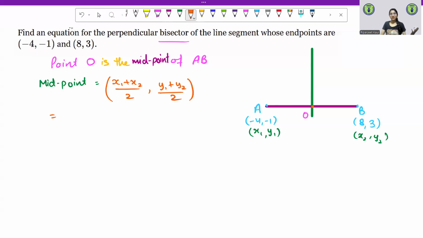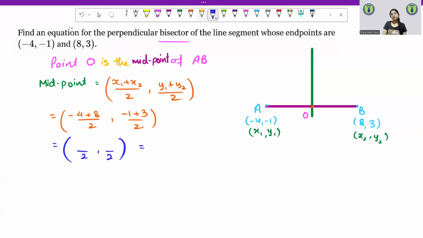So, you tell me what is the midpoint? What is the answer we are getting from here? -4 plus 8 is 4, and -1 plus 3 is 2. 4 divided by 2 and 2 divided by 2.